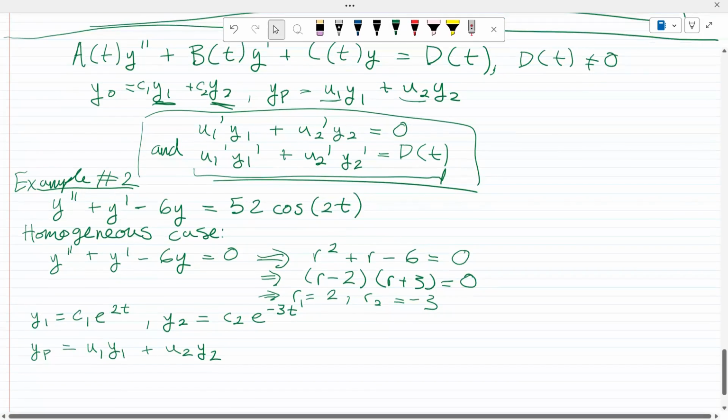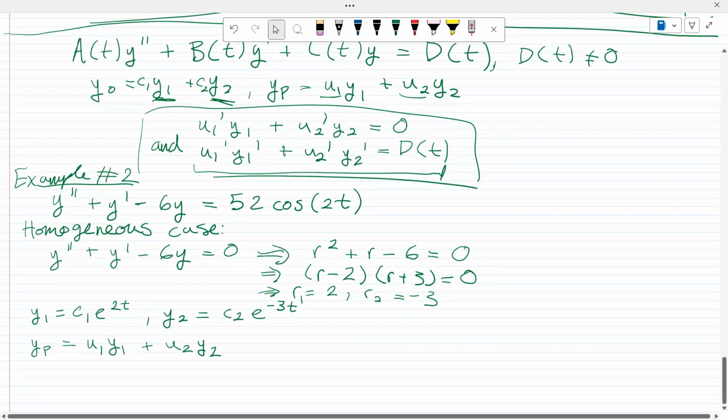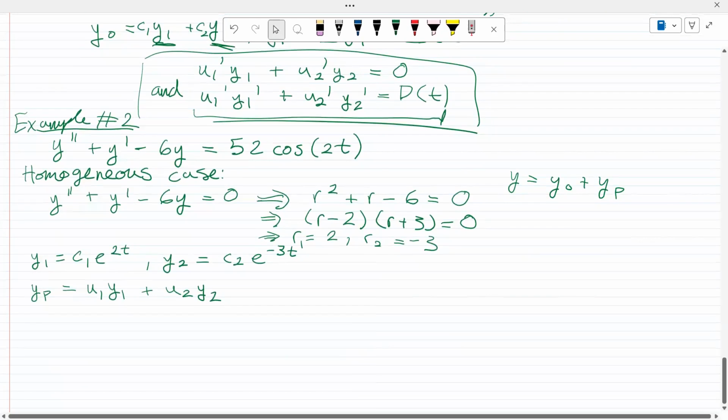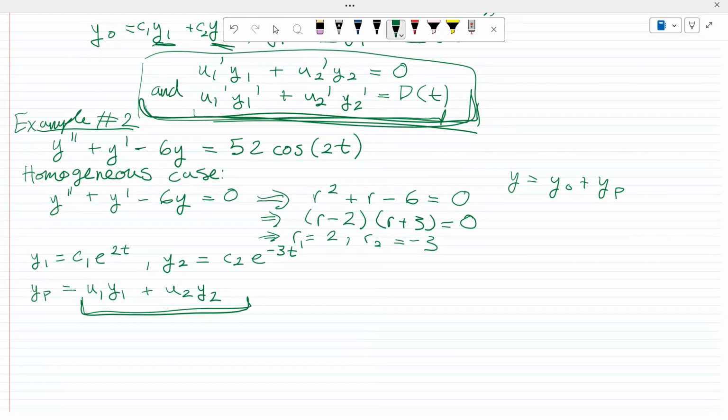Okay. And then again, our final solution will be just y equals y naught plus yp. Okay, so to solve for these u1 and u2, we can use these equations right up above.